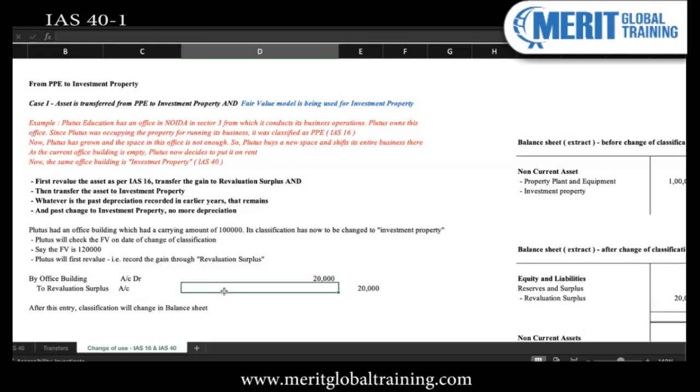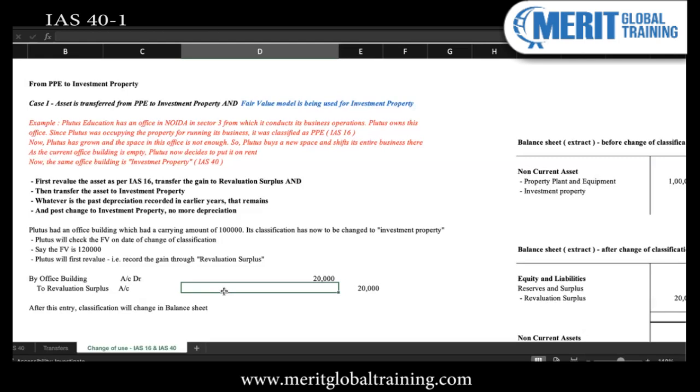So you see, this building when it was acquired had to be classified as property, plant and equipment. And now when we are vacating this premises and giving it on rent to someone else, this property becomes investment property. This is the kind of transition we are talking about, and the company uses fair value model for investment property.